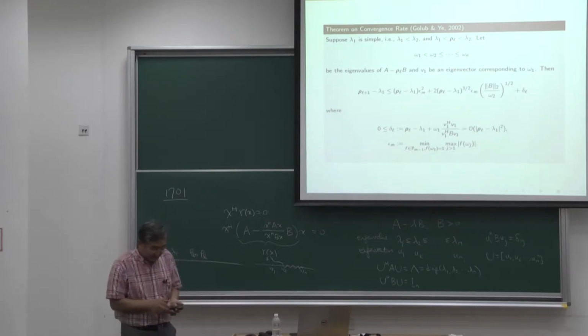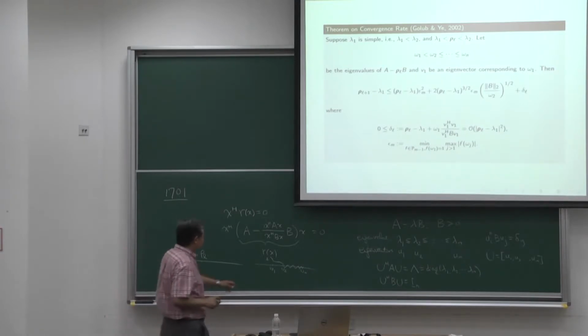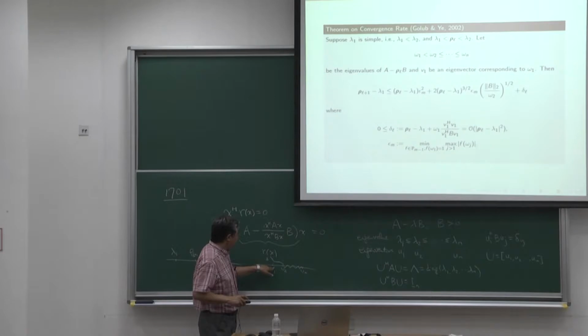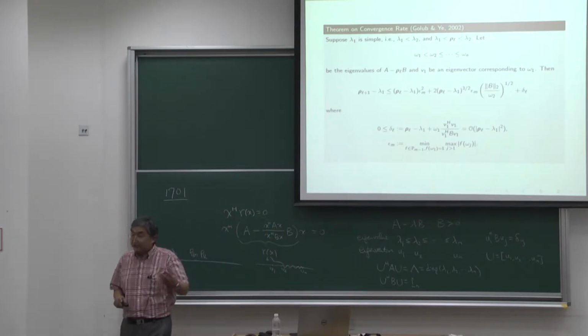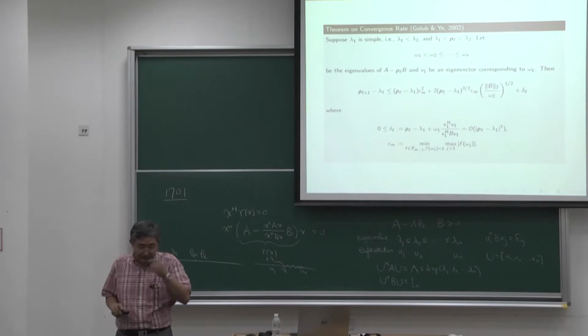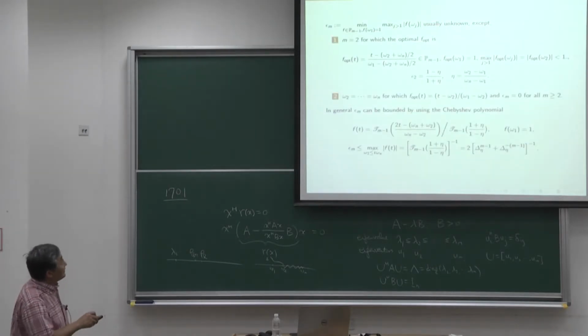That is one of the situations where the Chebyshev polynomial comes in. Usually, if the gap between omega 1 and omega 2 is non-trivial, then this epsilon_m can be very tiny. So each step depends on m. The bigger the m, the smaller the epsilon_m, and of course the faster the convergence.